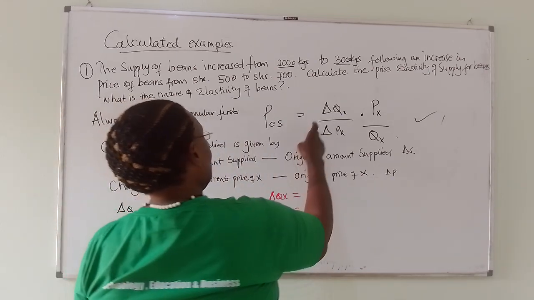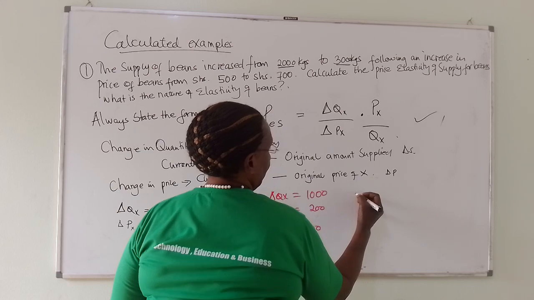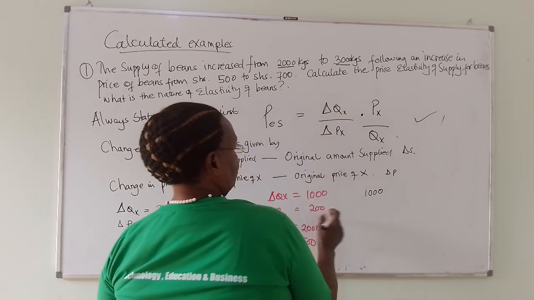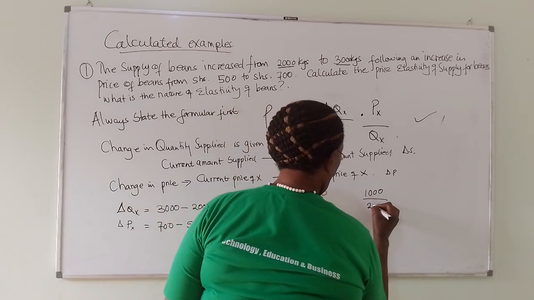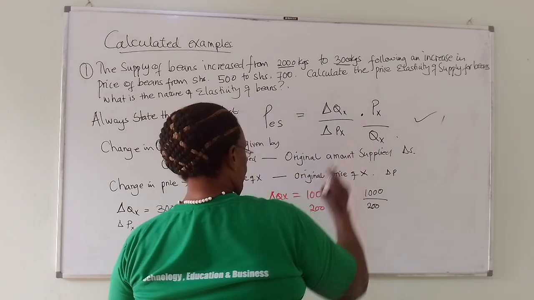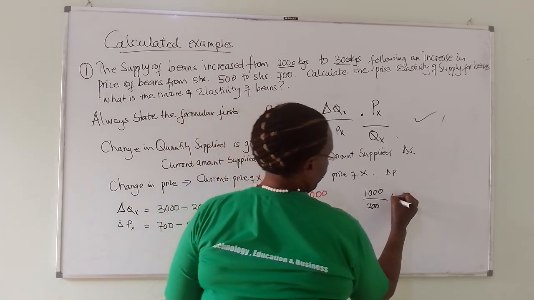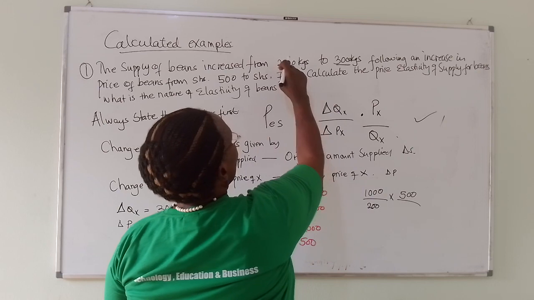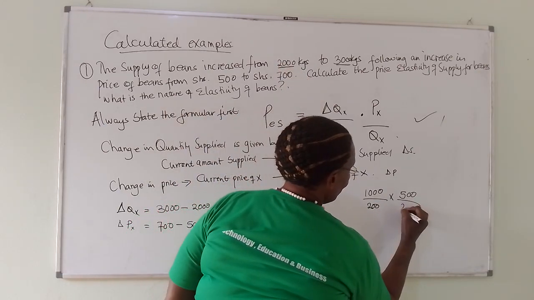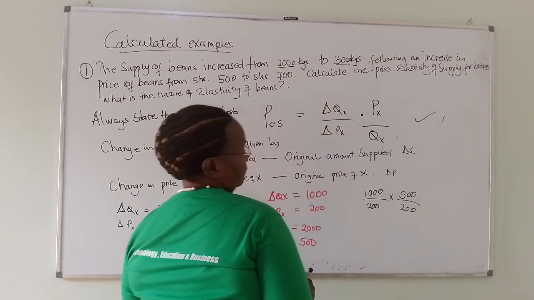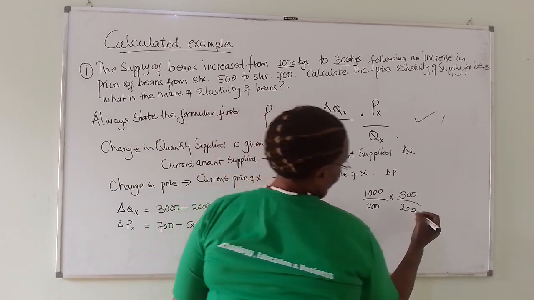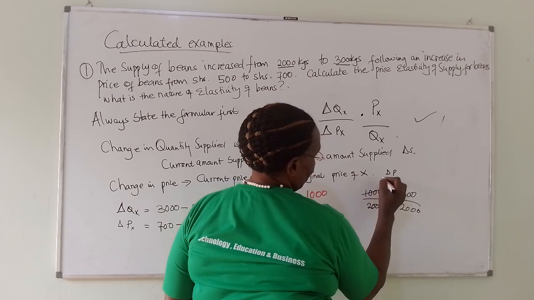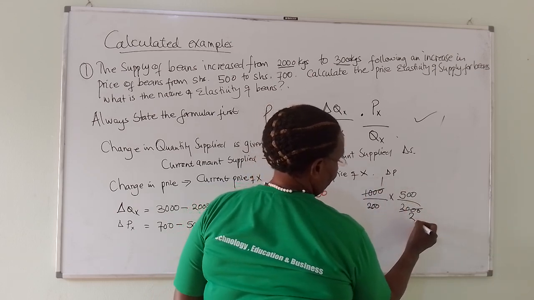So substituting into that formula, change in quantity is 1000 over change in price, which is 200, multiplied by the original price, which is 500, divided by the original quantity, which is 2000. You find that 1000 goes there once, 1000 goes there twice.